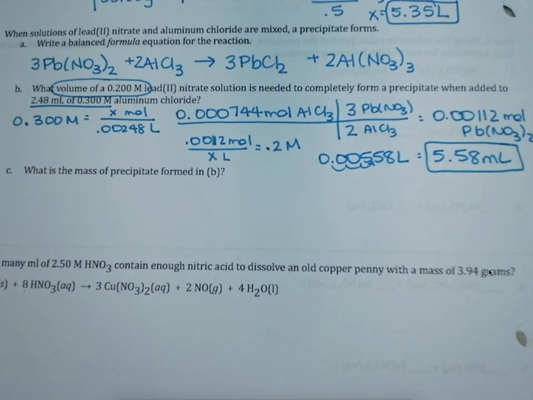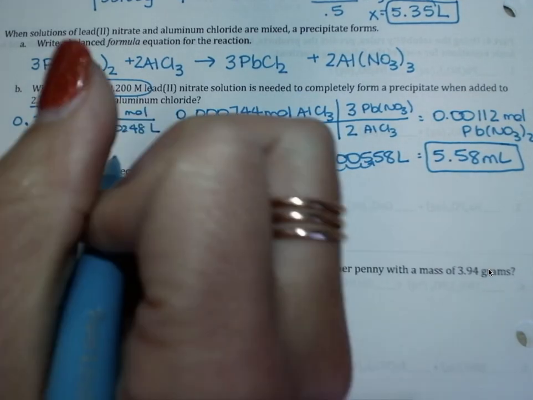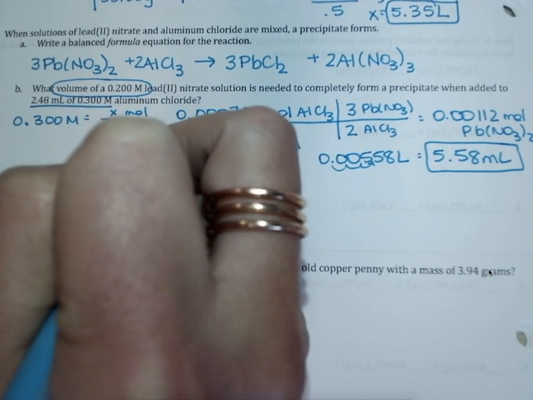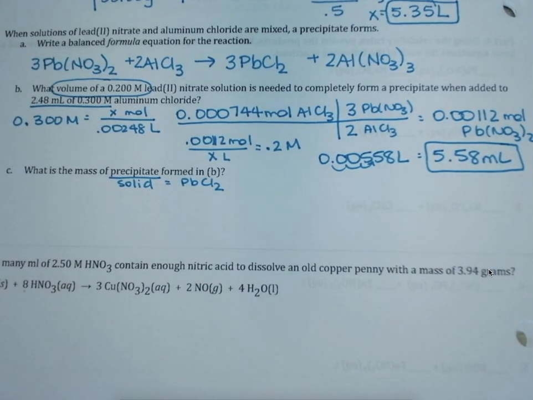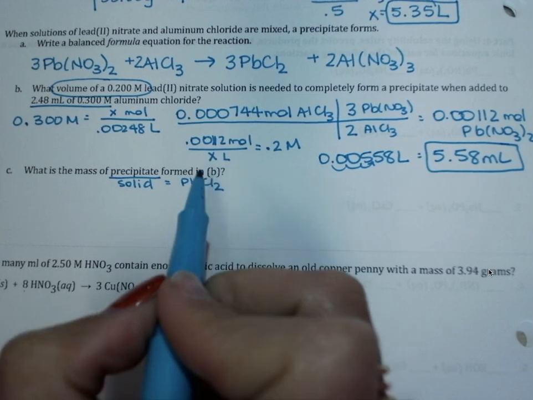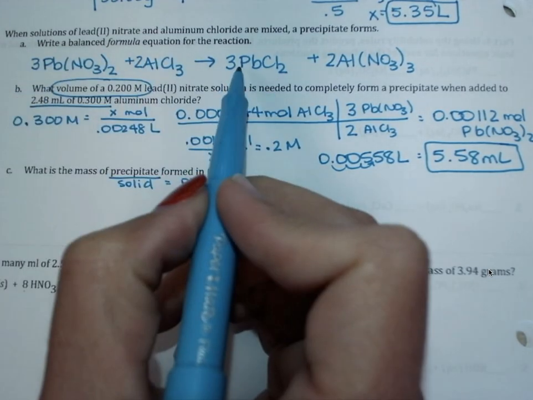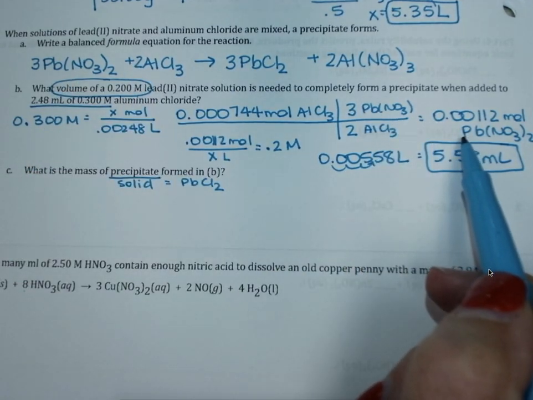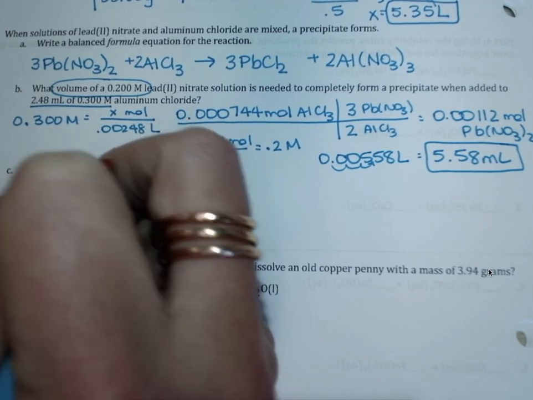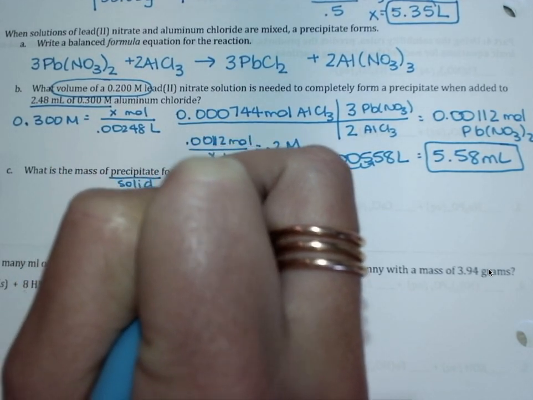Okay, so then C says what mass of precipitate formed in B. Here you can take any set of moles that you would like, but you need to know which one's the precipitate. The precipitate is the solid one, and that's going to be the lead 2 chloride. The aluminum nitrate on your solubility rules is still aqueous in solution, so it's not the solid precipitate. The lead 2 chloride is in the same mole ratio as the lead nitrate, and I already know my moles of lead nitrate from B, so I'm just going to use that 0.00112 moles.